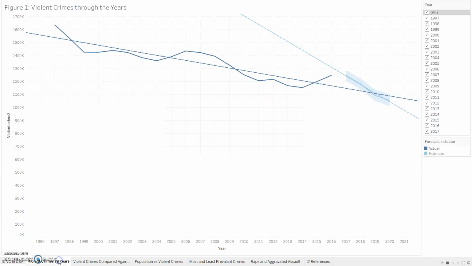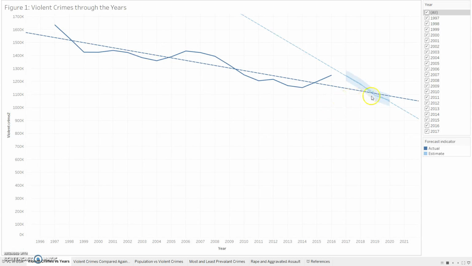So for the first chart here in figure 1, we see the violent crimes through the years from 1997 all the way to 2017, and we see Tableau's forecasting over here. You can see over time that the amount of instances has dramatically decreased from 1997 having about 1.6 million instances of violent crimes, all the way to 2016 at 1.2 million.